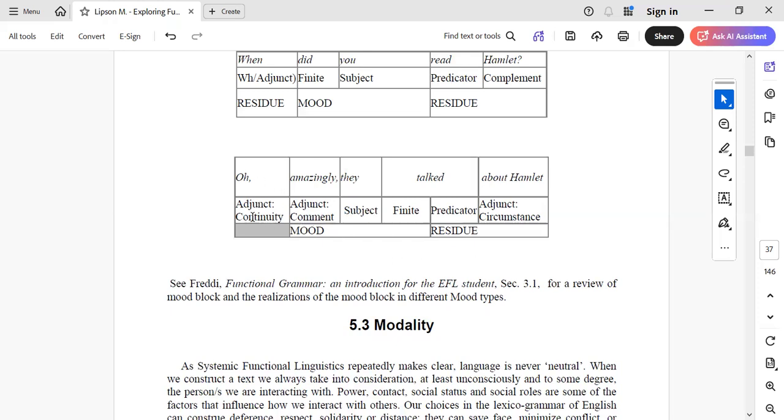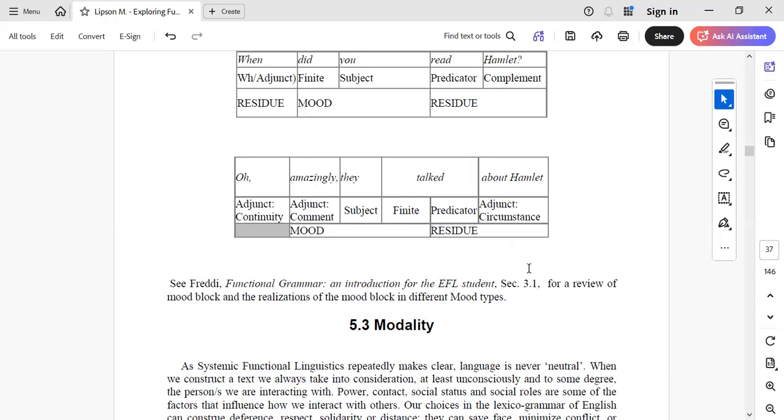And you can also see that adjunct continuity is not part of the mood system, right? So mood is starting from adjunct comment. Is that clear now? And we can also see over here that the residue is whatever is from the finite or predicator onwards, right?